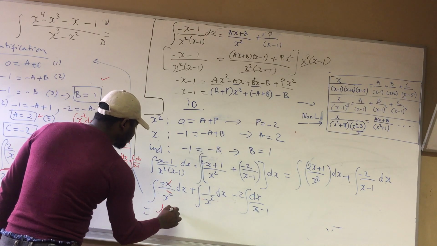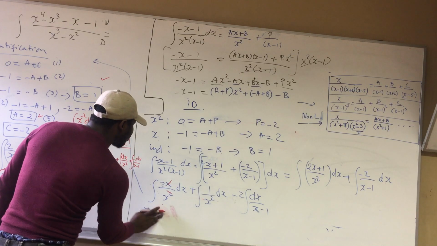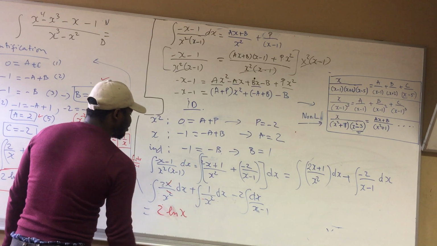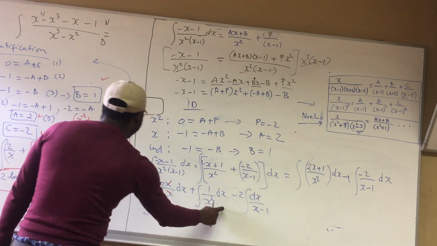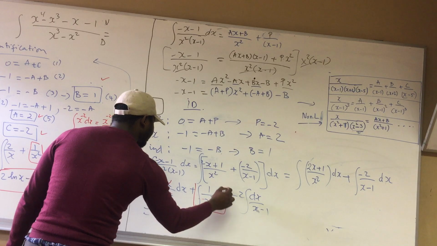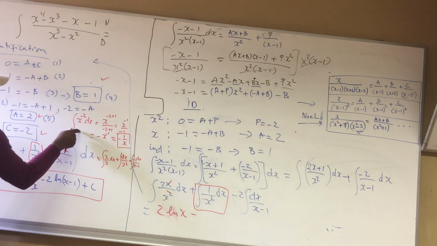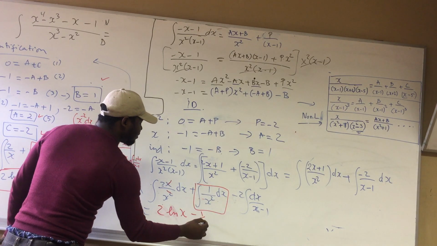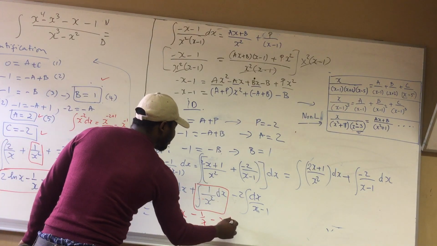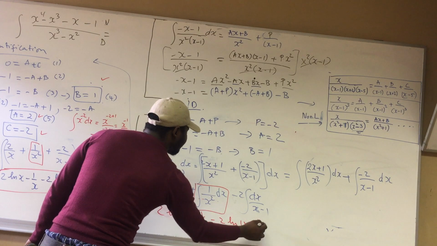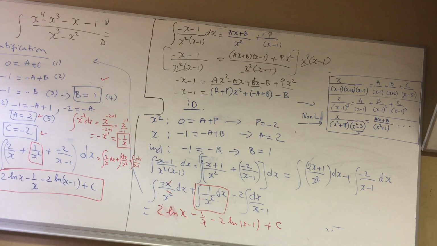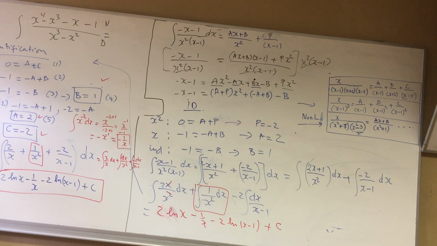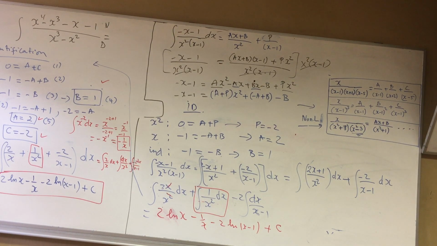So you have 2 ln of x, plus this integral, it's exactly as this one, so it gave us -1 over x, and this one is -2 ln of (x - 1) plus c. If you look at those answers, they are the same. So that was partial fraction and long division.